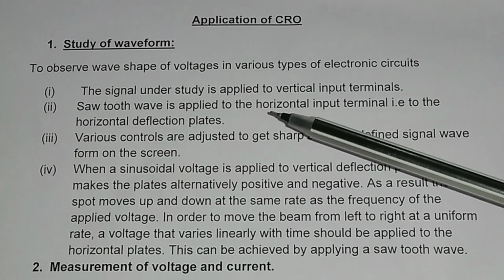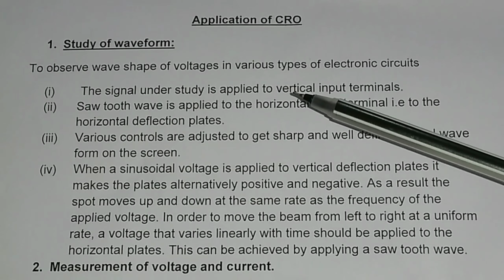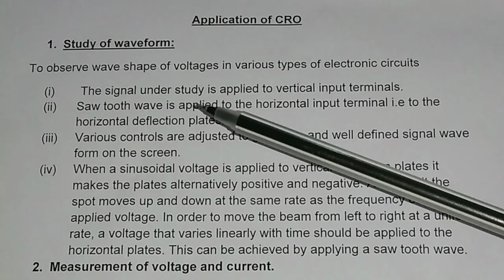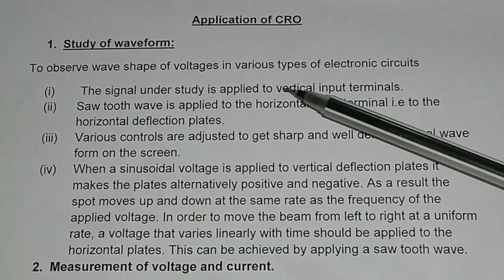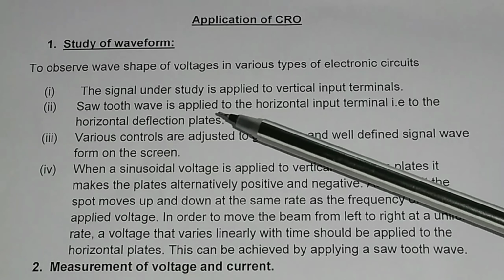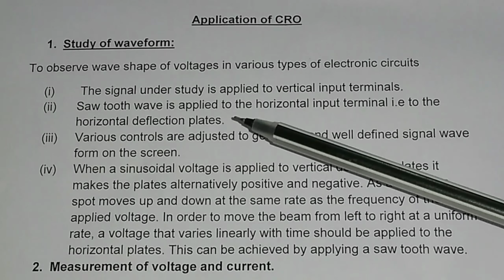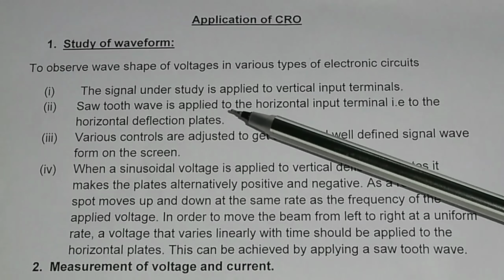So in the CRO, you have 2 deflections or 2 terminals, one vertical and another horizontal. You give the signal you study to the vertical input, and a sawtooth wave by means of a signal generator. You have to take a signal generator.